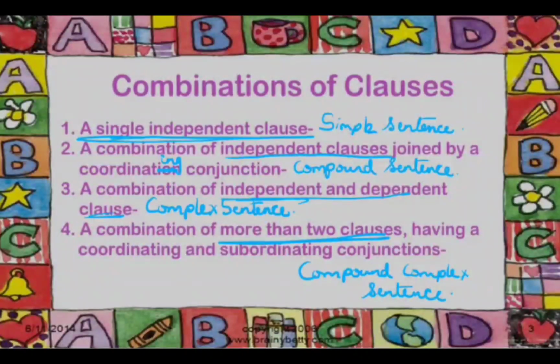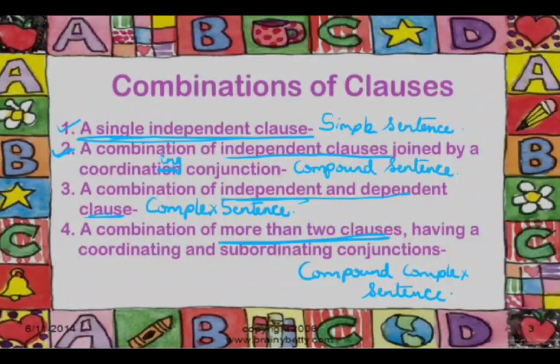So how many kinds of combination of clauses do we have? We have simple sentences, which have one verb and a subject. We have a combination of two independent clauses joined by a coordinating conjunction, which is a compound sentence.